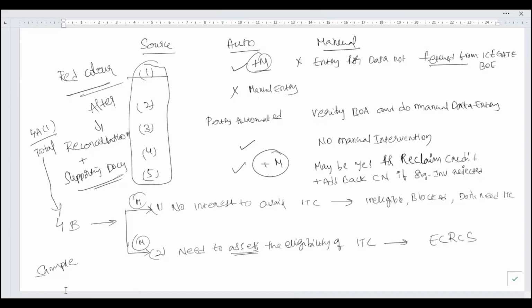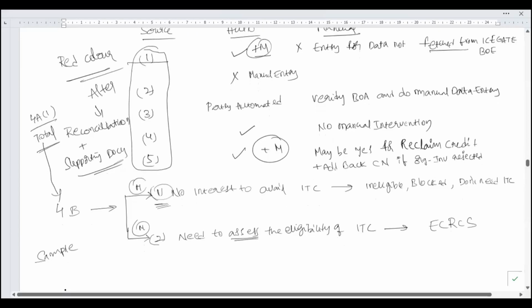But for the sample, I need to pay customs duty to get the material. Since I paid the customs duty, it came in 4A1. But I'm going to give this as a sample, not on account of business. So gift or without consideration, I cannot claim ITC. So what I have given, I cannot claim ITC. Whatever total I'm having here, out of that, I'll declare in 4B1, no interest to avail ITC. Why? Ineligible, block credit. So I do data entry over here.